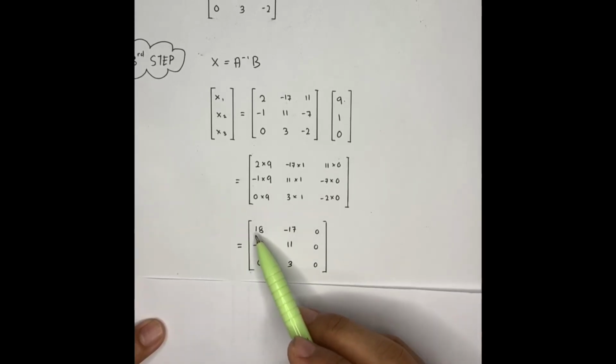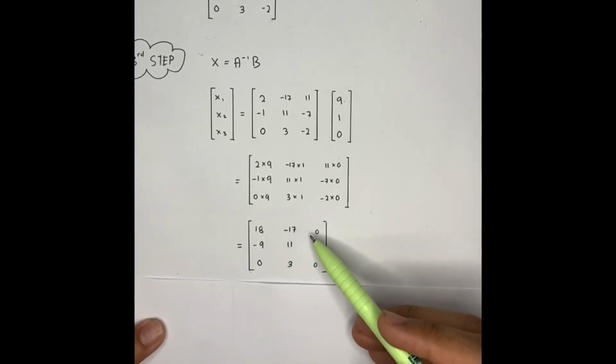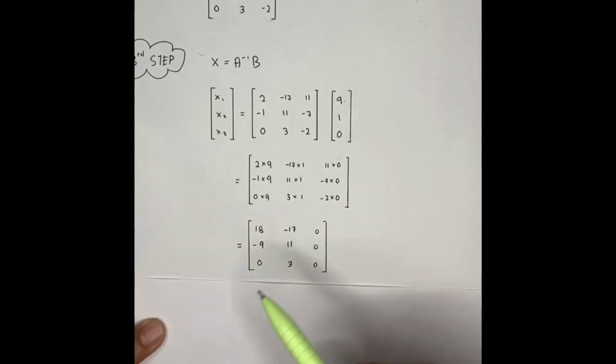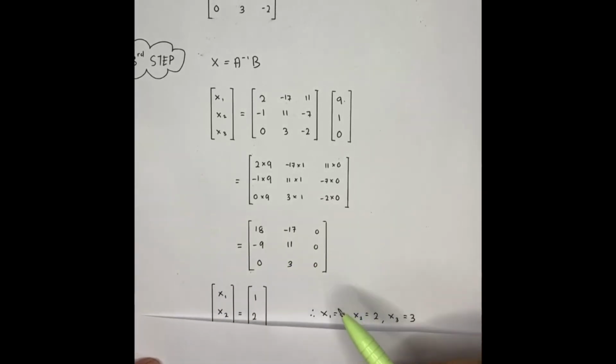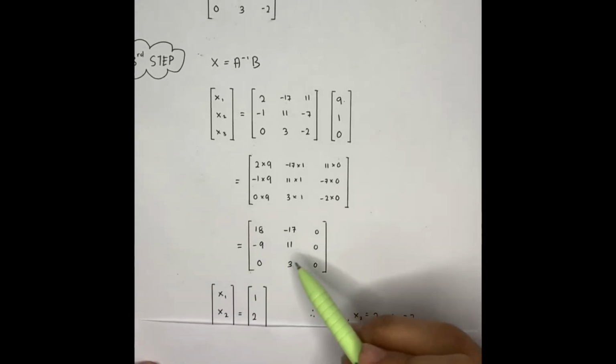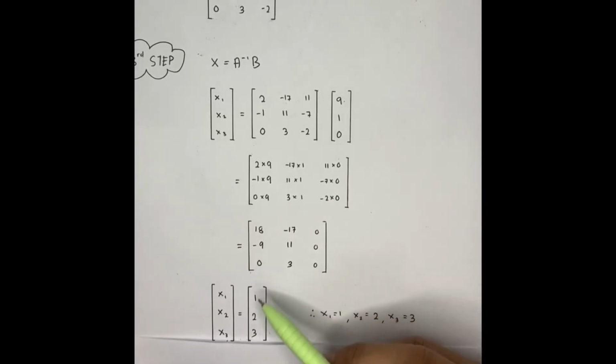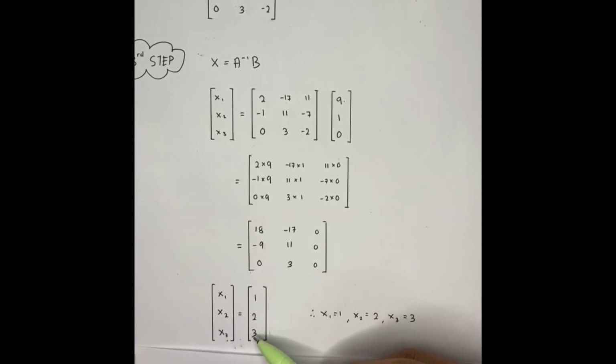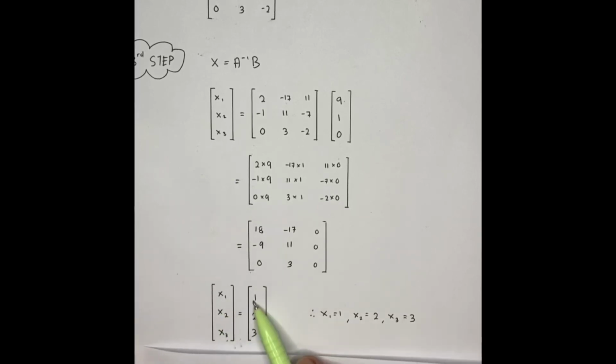Means like 18 plus negative 17 plus 0. Each row you must add. Like this one, I will get 1, 2, and 3. So x1, x2, x3 equal to 1, 2, and 3. Hence, x1 is 1, x2 is 2, x3 is 3.